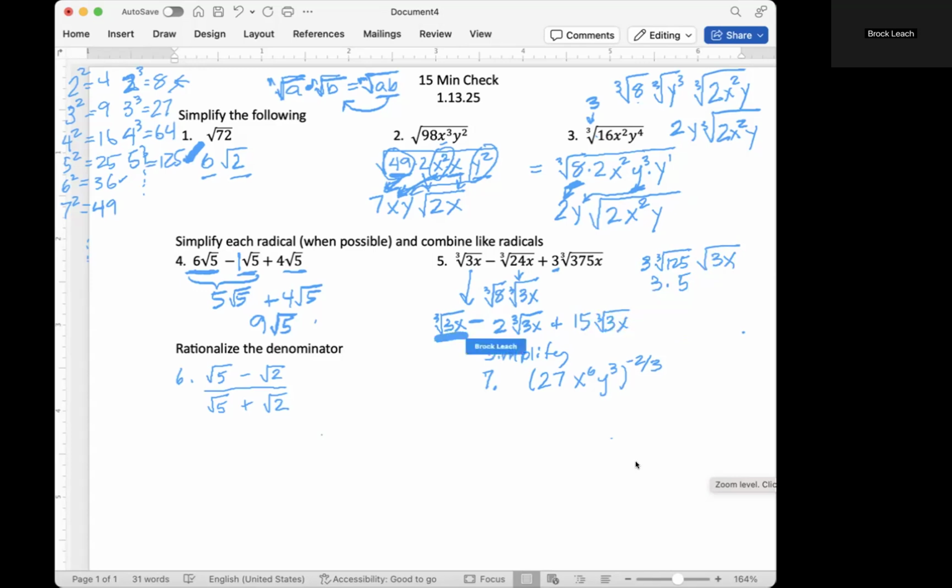Now these are all the same. They all have the cube root of 3x, so we can add up these coefficients. There's a 1 there. 1 minus 2 is -1, plus 15 is 14 cube roots of 3x.